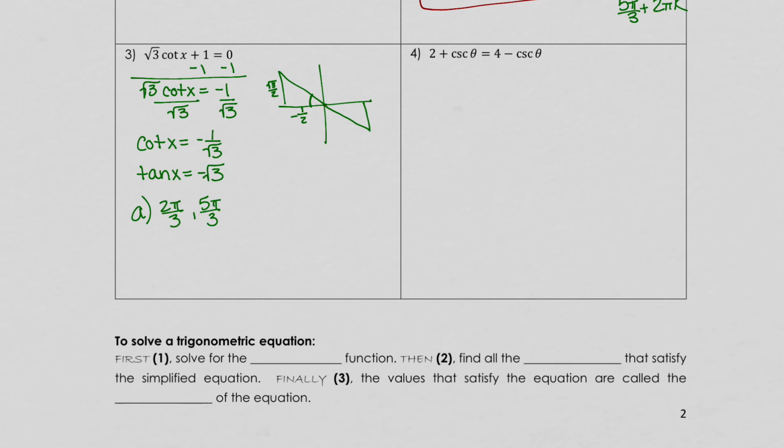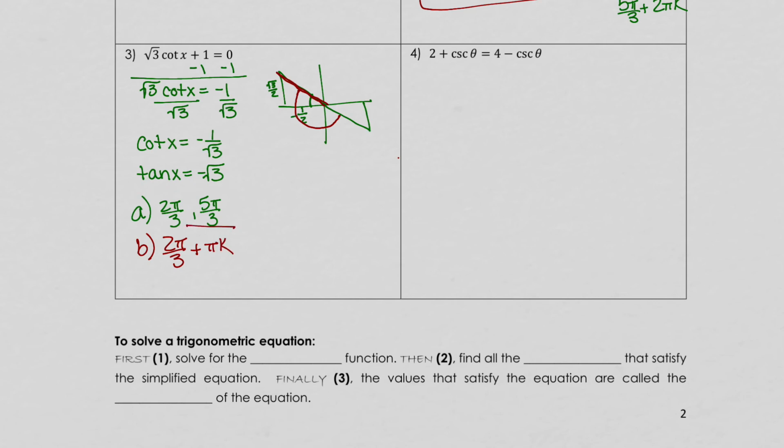All right. Now, let's start with this one. For B, I'm going to have the 2 pi over 3 plus, well, our period for cotangent and tangent is just pi because it'll get me right there. Pi times k.